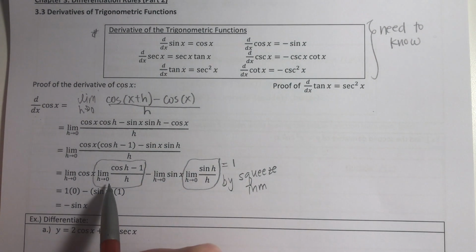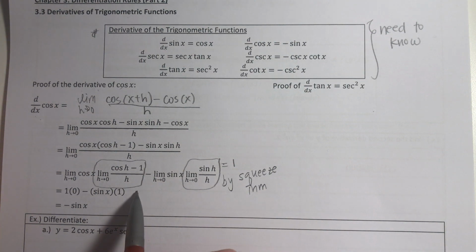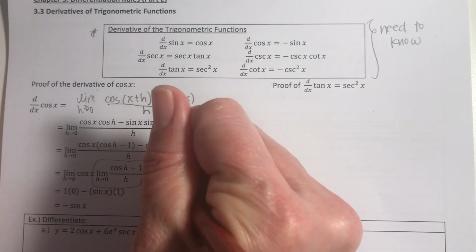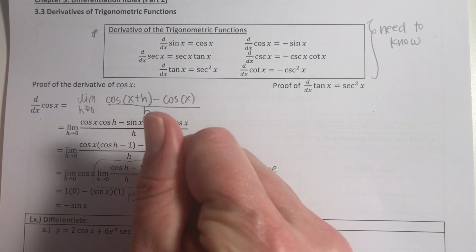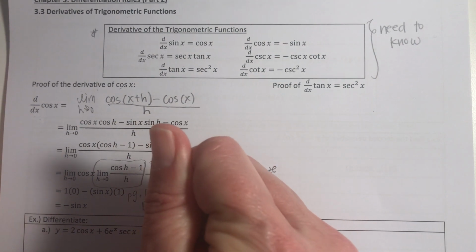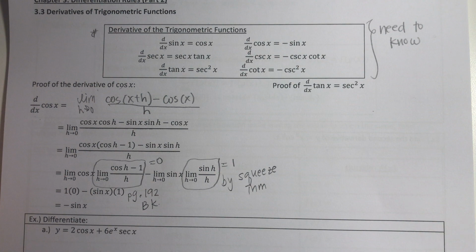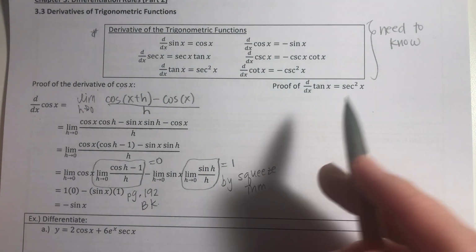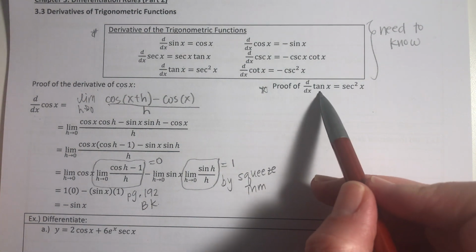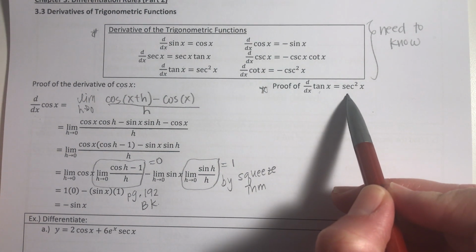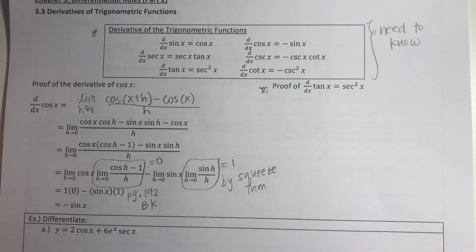And the limit as h approaches 0 of cosine of h minus 1 all over h equals 0. And you could look in the textbook on page 192 for a little bit of help there. So see if you guys can find and do a proof of the derivative of tangent of x is equal to secant squared of x. I'll leave that for you guys to try.